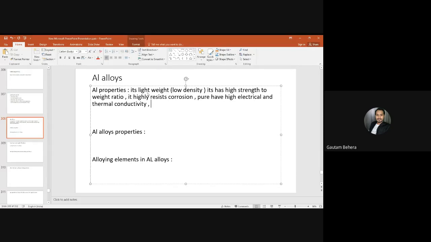If you have heard in non-ferrous metals, the overhead lines, the overhead cables, are made of aluminum because of its high electrical conductivity.